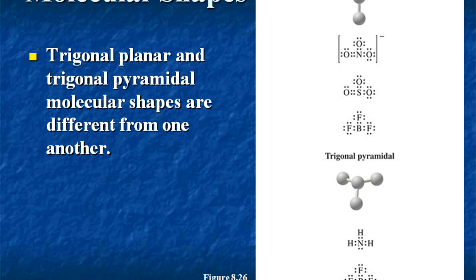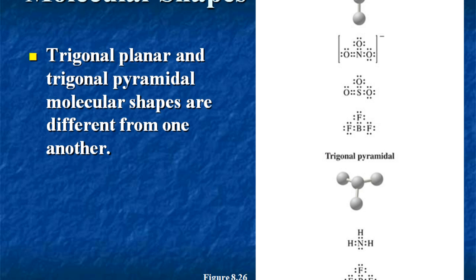So VSEPR theory: start with the Lewis structure. Any molecule, draw the Lewis structure first. Then we have to determine the parent structure. Parent structure is determined by counting electron sets around the central atom.